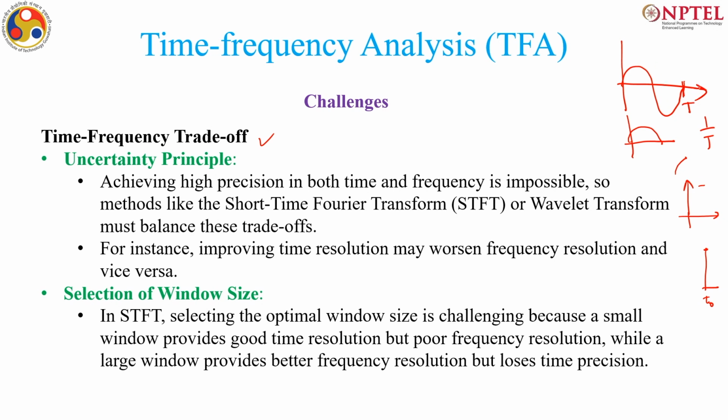And because this is again a sine multiplied by a rectangular window, the more cycles of the sine I plot, the better. This will have a frequency at something like 1 by t, but the more cycles I plot, the narrower the spectra will be.